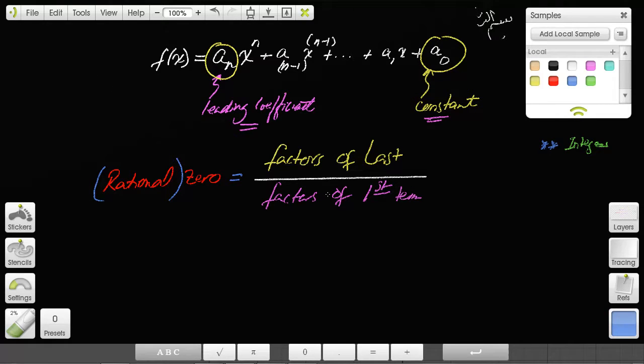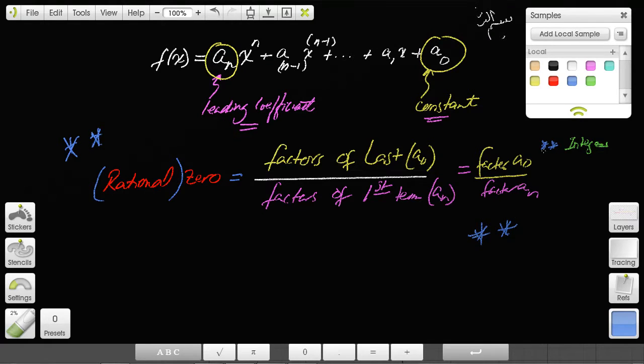The last term is a sub 0, and the first term is a sub n. So all of the rational zeros are going to be some factor of a sub 0 over a factor of a sub n. I remember it's like the last over the first. So this is the rational zero theorem.